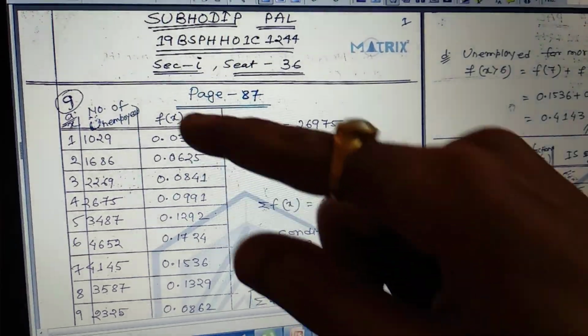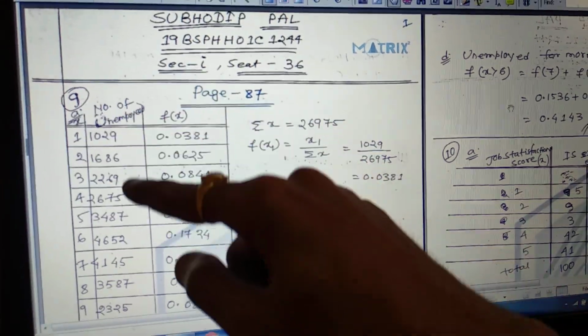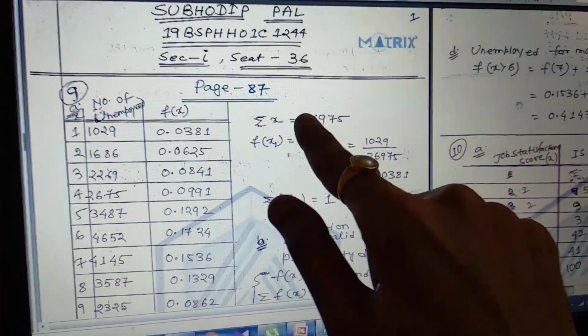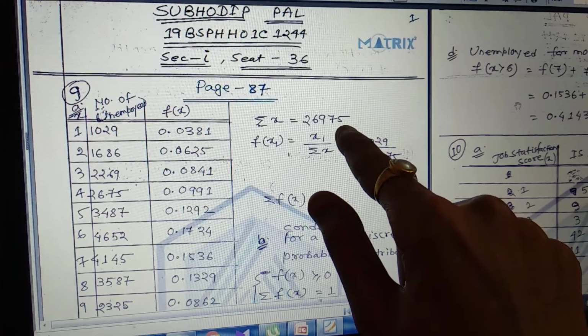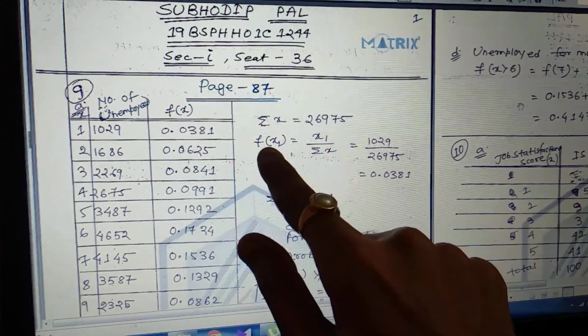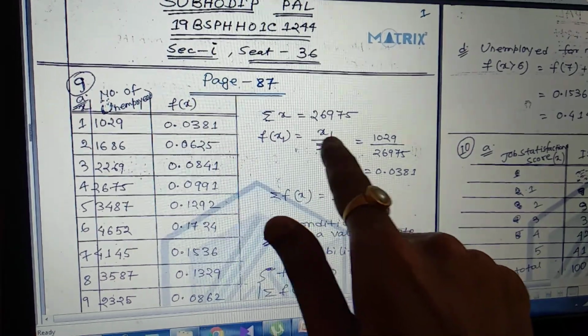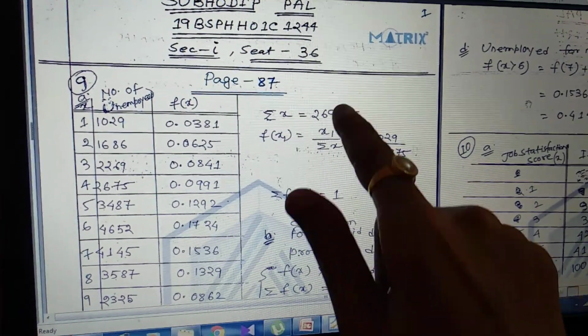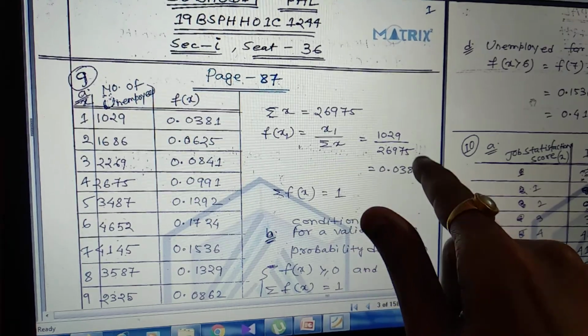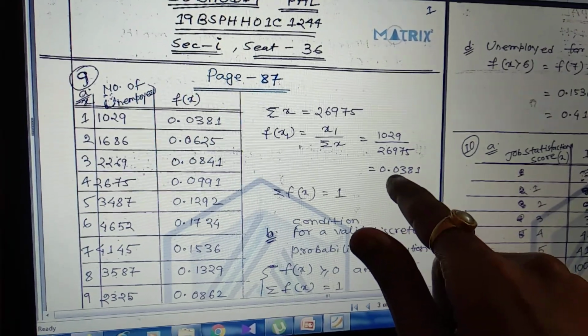If we add all these values, we get 26975. So f(x) for x equal to 1 is 1029 divided by the total number, 26975, that is 0.0381.